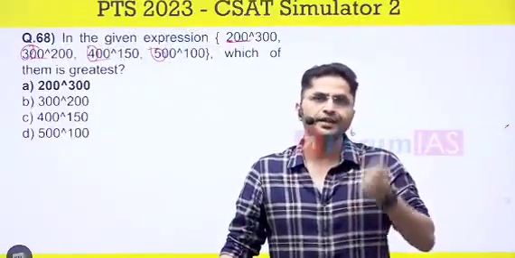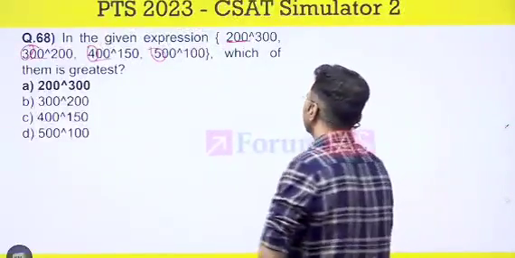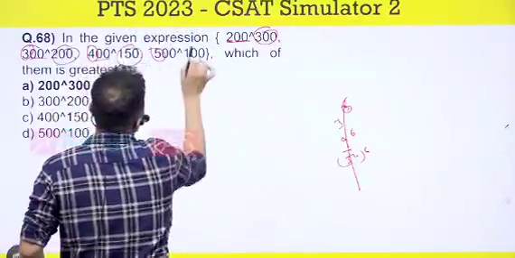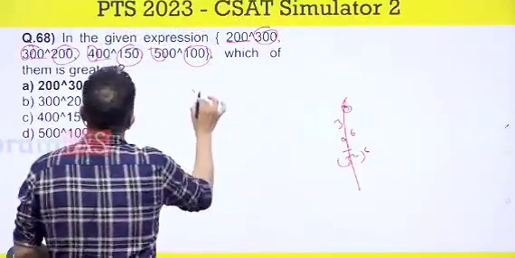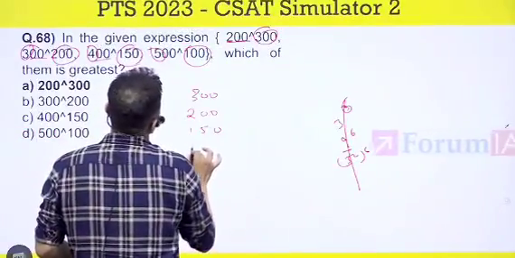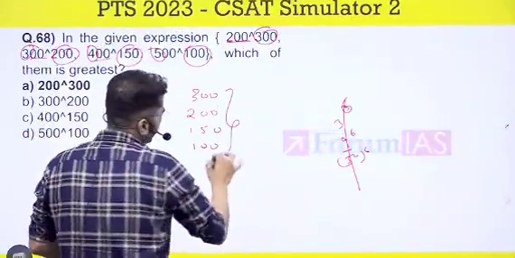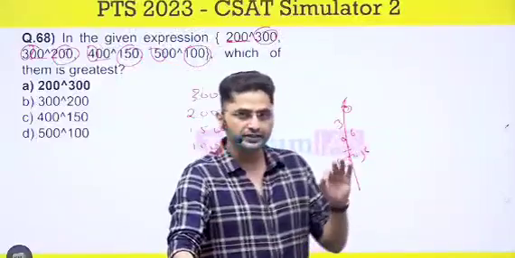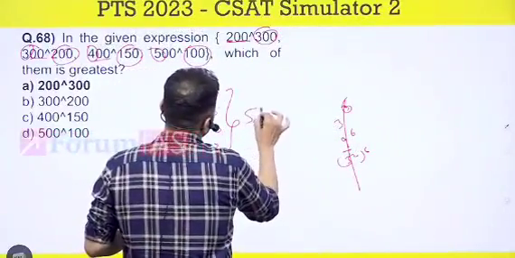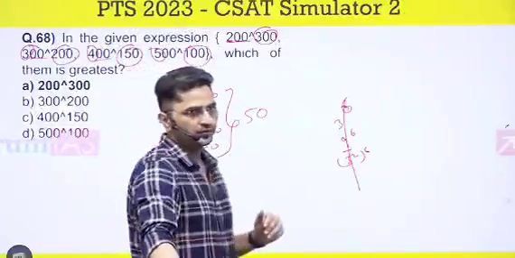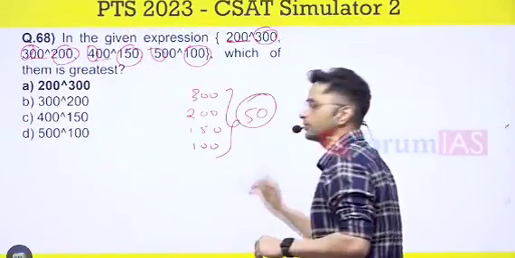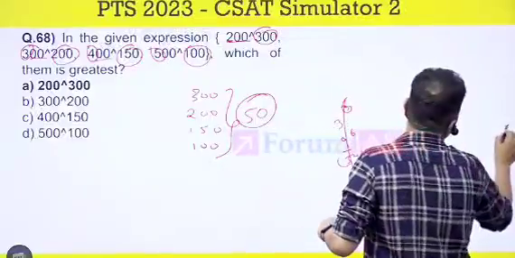So we have to make the powers the same. That means the powers 300, 200, 150 and 100 should be made the same. I need a common factor of these, and the common factor is 50.